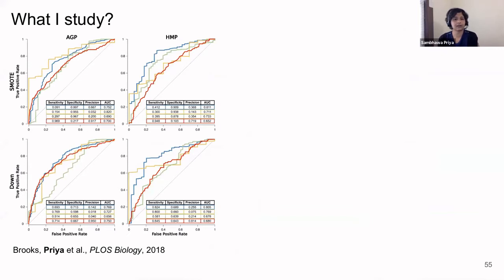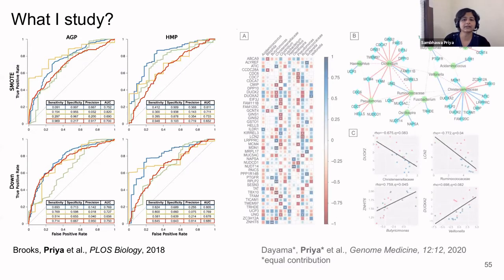Since gut microbiome has also been shown to associate with host gene expression in some experimental models, and host gene regulation and gut microbiome are both associated with disease, I have also built integrative frameworks to identify associations between host gene expression and gut microbiome.